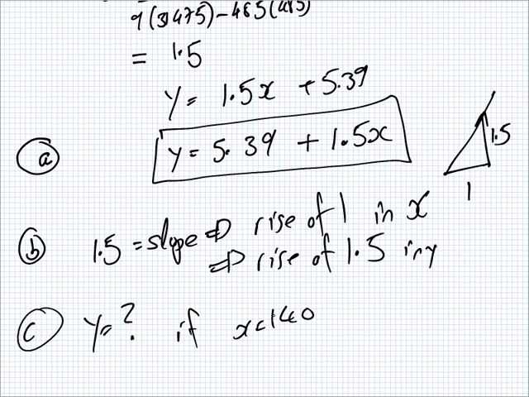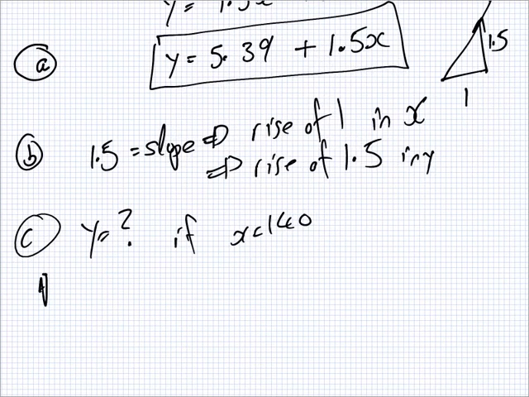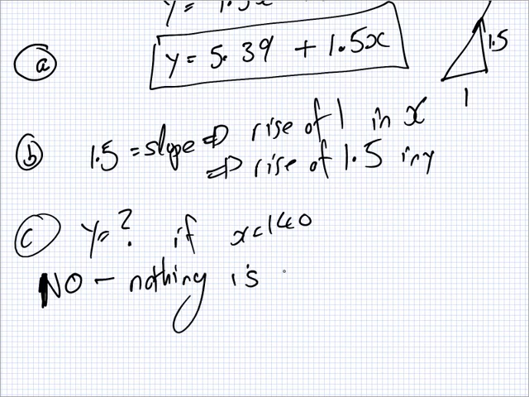Maybe x is like a percentage. So the answer is no. Nothing is known after x equals 100, so we don't even know if it'll be a straight line after that.